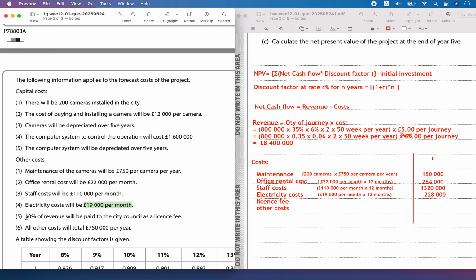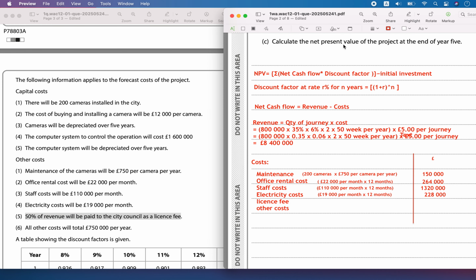Then the license fee they have given: 50% of the revenue will be paid to the city council as a license fee.